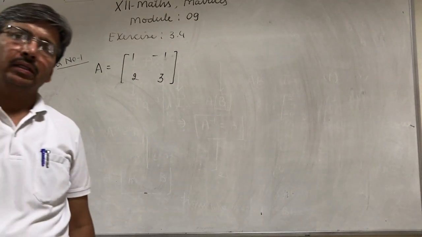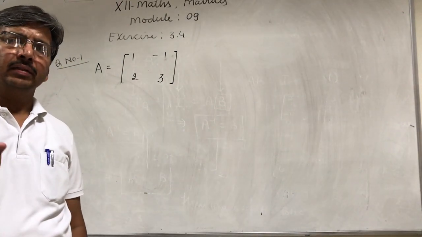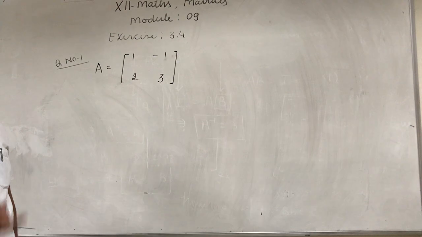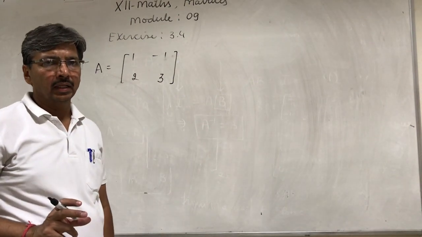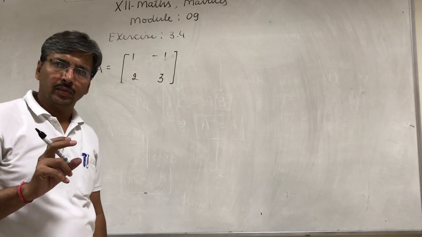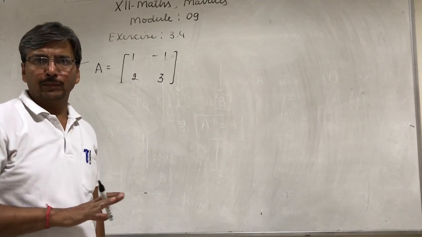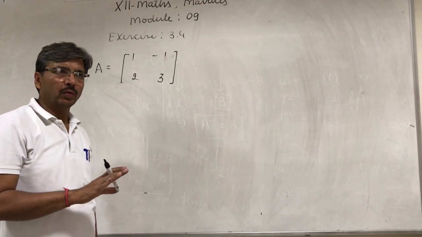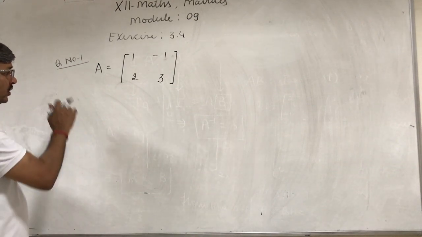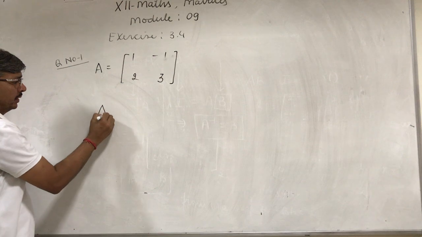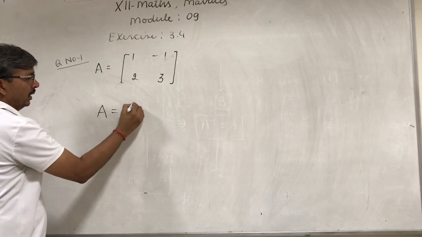elementary transformations. Here we will decide whether we are to solve this question by using row operations or column operations. First of all, we will use row operations. First of all, here we will write A equal to IA.